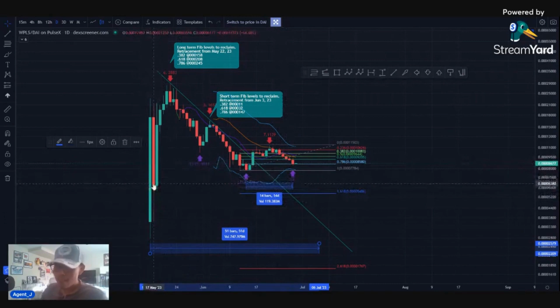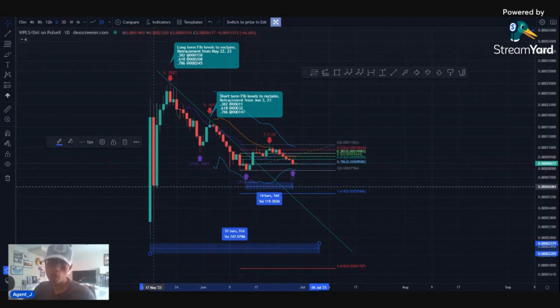Now, do I expect it to come down to this area? The probability of that happening, especially since the overall market sentiment right now is neutral to bullish, I don't expect PulseChain to go down to these levels. And if they actually do head down to this level, I don't expect this price to last long.